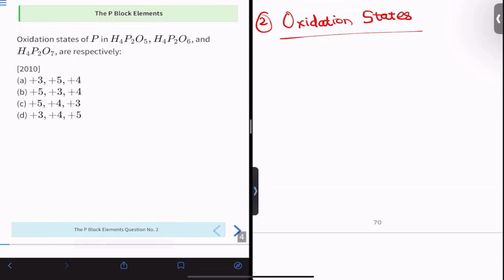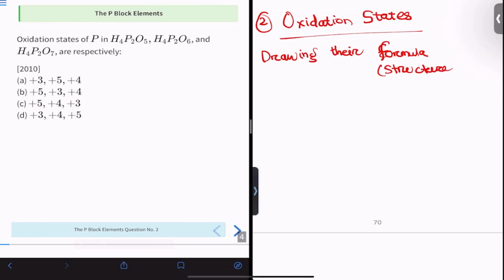Okay, but the most appropriate way to calculate the oxidation state is by drawing their formula or chemical structure.